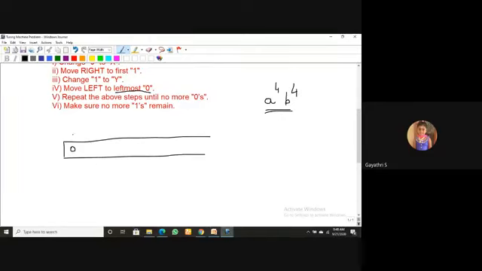So this is the string: 4 times 0, 4 times 1. Then the remaining part is filled by blank symbol. This is infinite. This is your tape head.